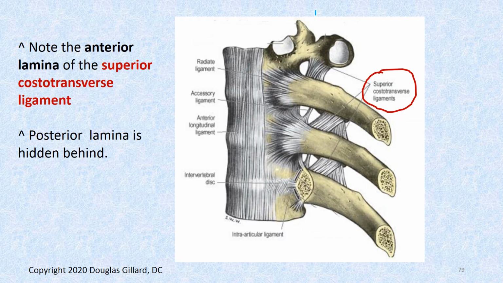You can see these on your lab worksheet from yesterday. There they are right there, and there's the anterior and posterior laminae. You can't really see the posterior, it's behind this one, but that's the superior costotransverse ligament.